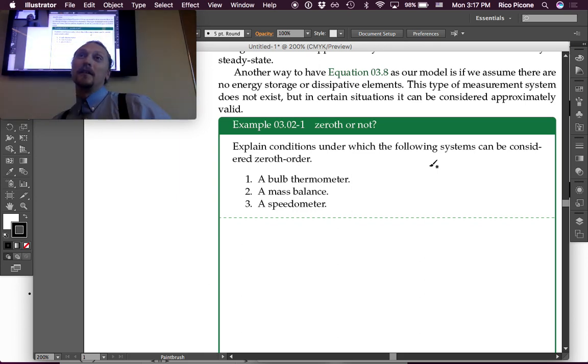So if it's in steady state, if the temperature that it's measuring isn't changing, and it is at the same temperature as its environment that it's trying to measure, then I think this model should work okay, as long as you calibrate it in steady state only, and you take measurements in steady state only.